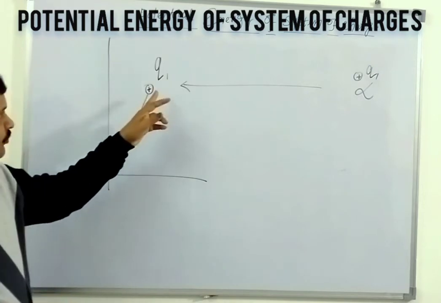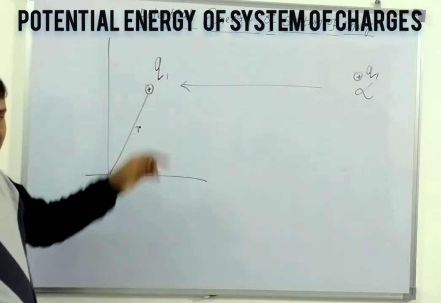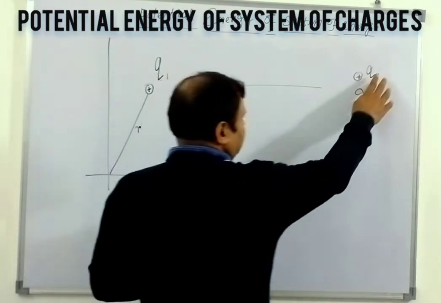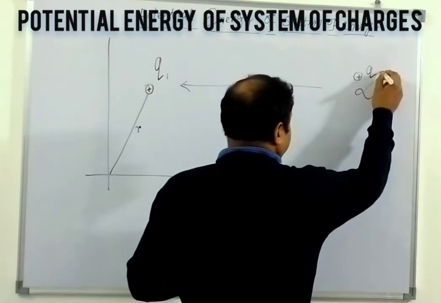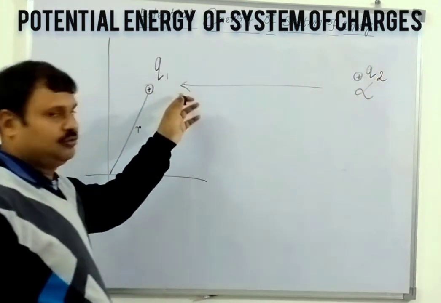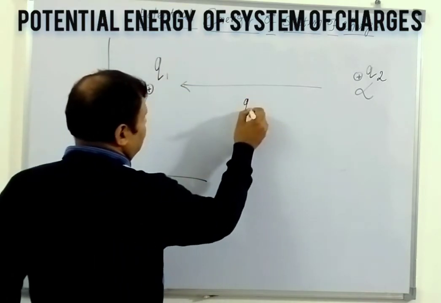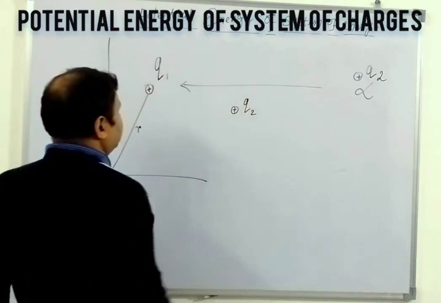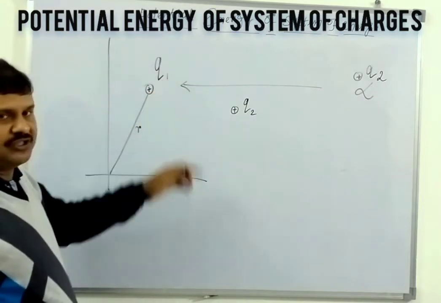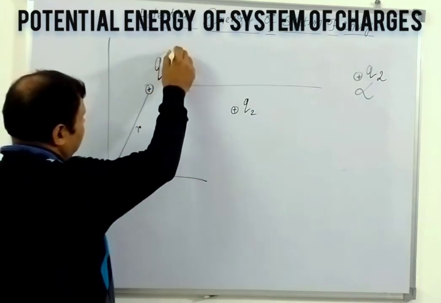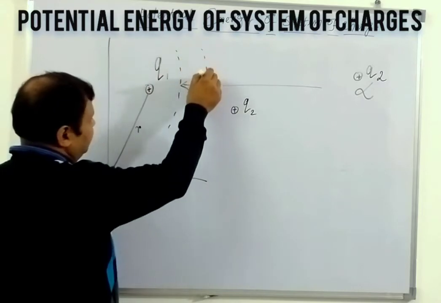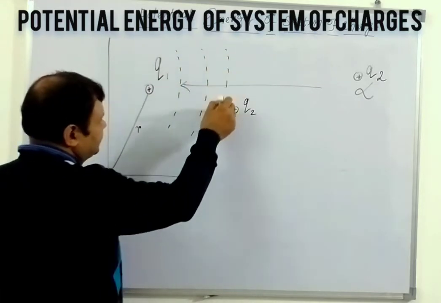Now after putting this q1 at a certain point, if you want to bring some other charge q2 from infinity to a certain point, suppose here, a positive charge q2, the previously placed q1 charge will make some electrostatic potential due to its electric field.